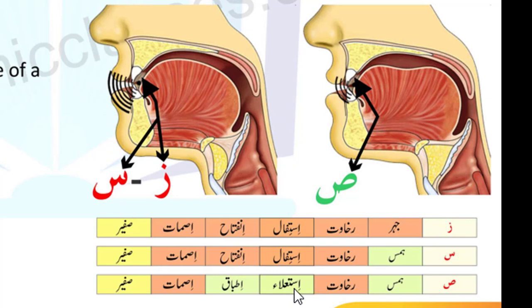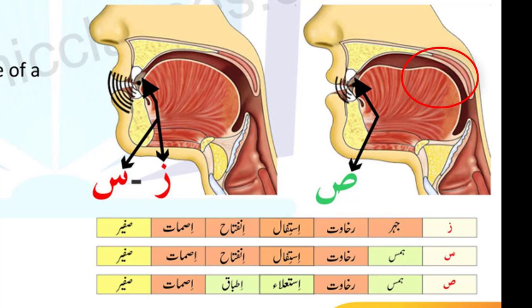In the sad, al-isti'la, the sad is different from the za and sin in that it has al-isti'la quality and another, al-itbaq. These 2 qualities are in the sad letter, and when we add these qualities, what happens? The back side of the tongue goes upward to the roof of the mouth.